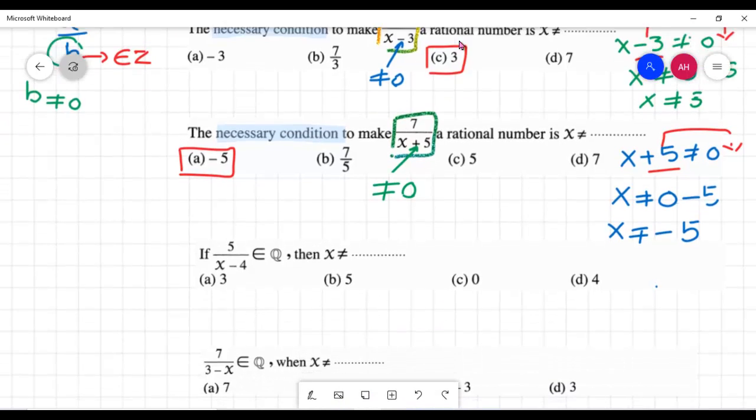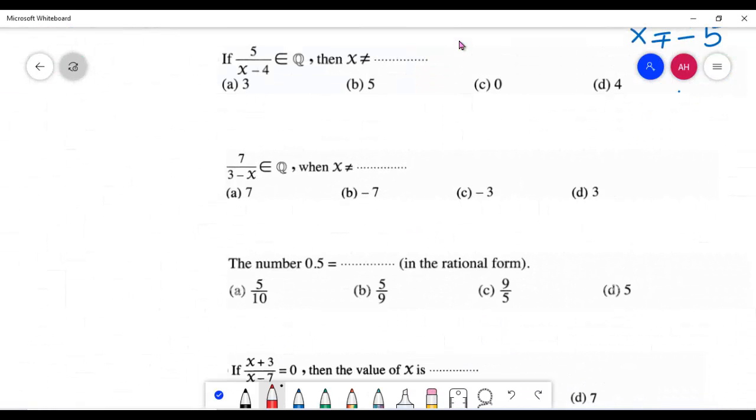Let's go now for the third one. He's telling me that 5 over x minus 4 belongs to Q. What is the meaning of belonging to Q? This means it's a rational number. So, in other words, he's saying that 5 over x minus 4 is a rational number.